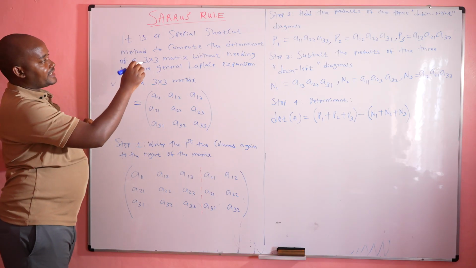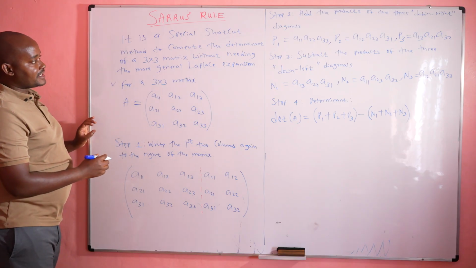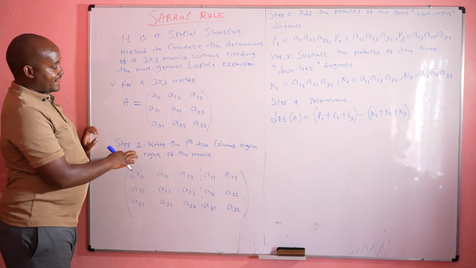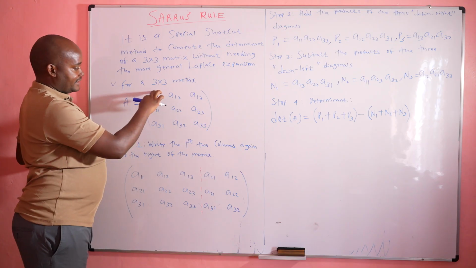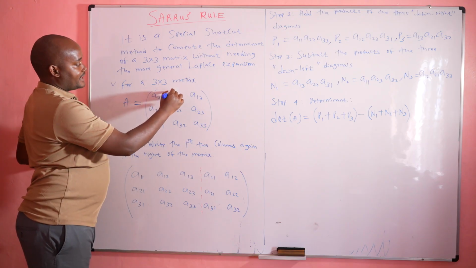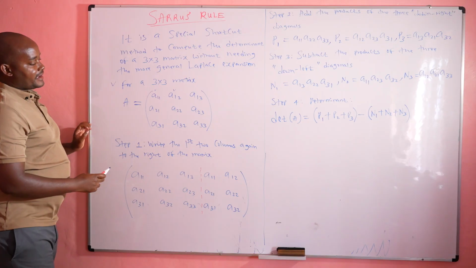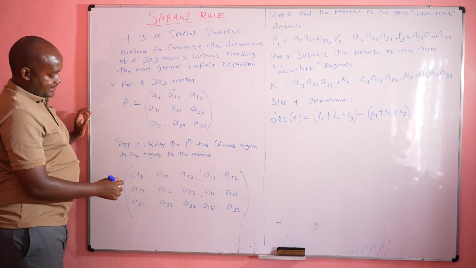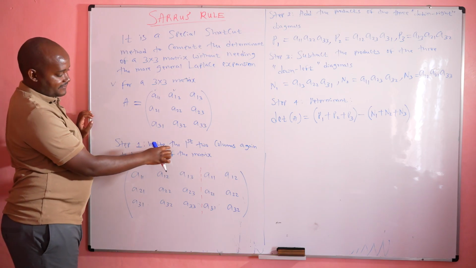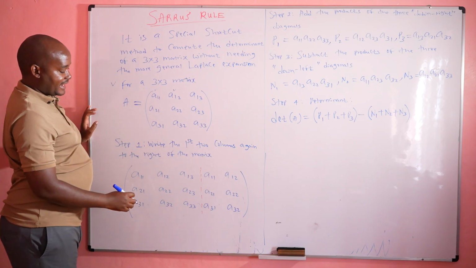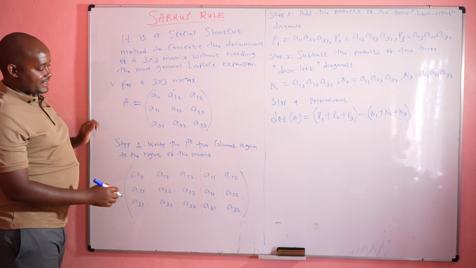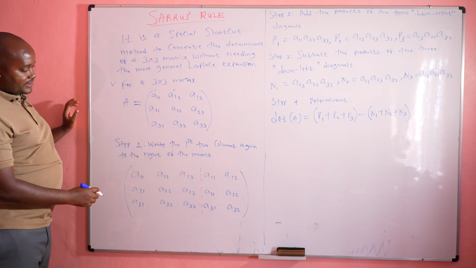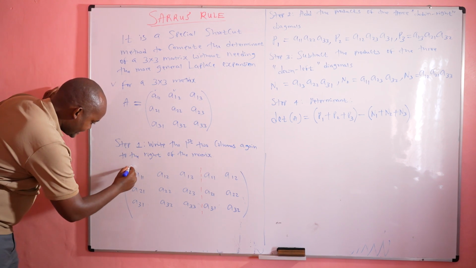So what are some of the steps in computation of this determinant using the Sarrus rule? Step number 1, you need to pick the first column and the second column and write them again to the right of this particular matrix A. That's why we are saying that in the first step we write the first two columns again to the right of the matrix A. Once you do that, this is what you obtain.